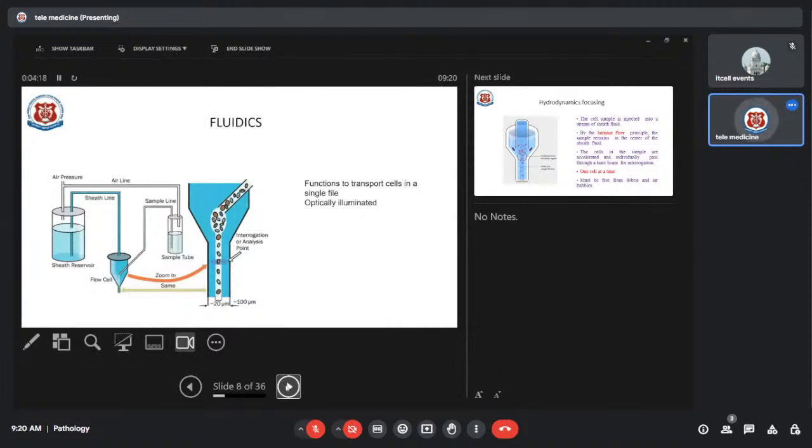If you imagine any kind of tube where a liquid is flowing, the center part will be at the highest speed, because of the friction offered by the walls of this tube. So, with the help of this sheath fluid, because of the pressure generated, we are trying to make this sample into a single cell suspension, so that one cell goes ahead.